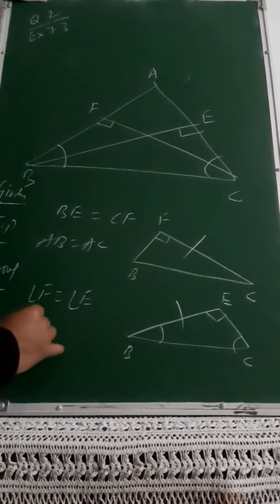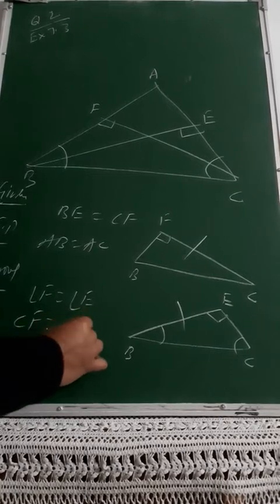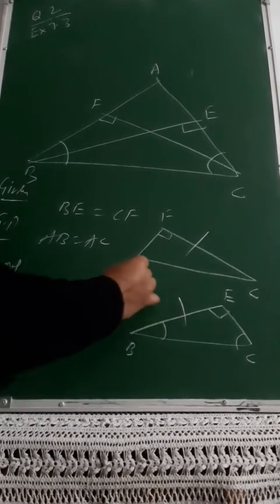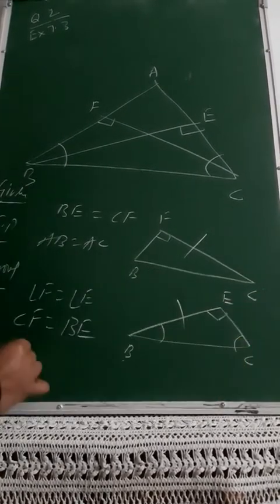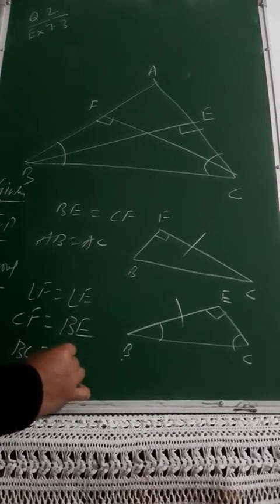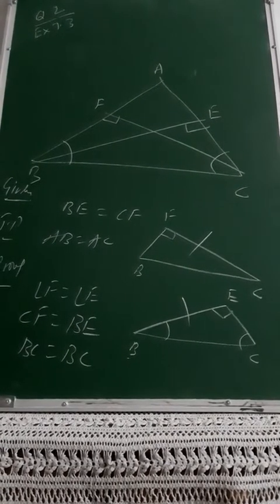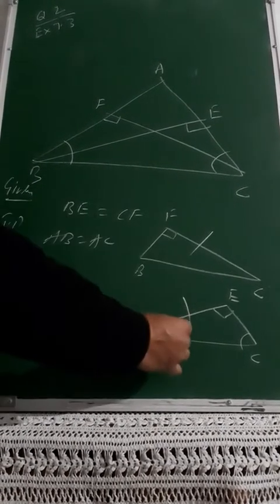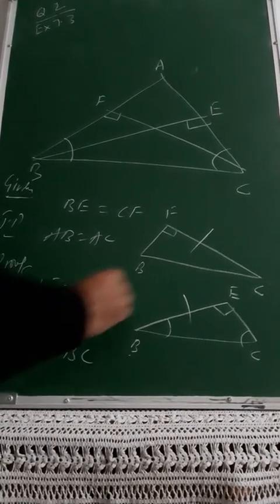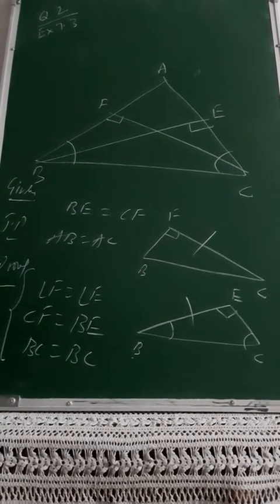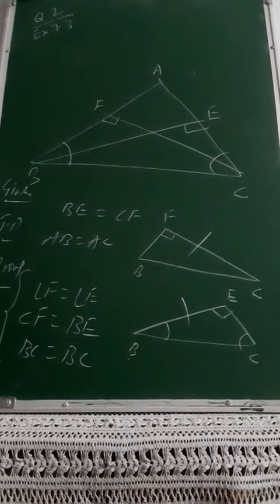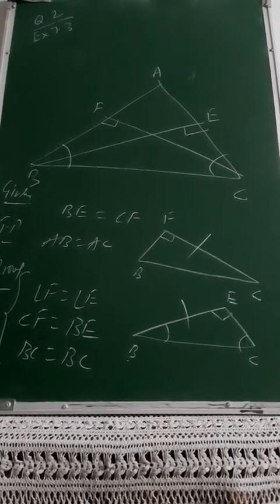So mention that also. CF is equal to BE is given, and then BC is equal to BC, that you can see is also common. So in these two triangles, you see these three things are equal, so it means the triangles are congruent by RHS.